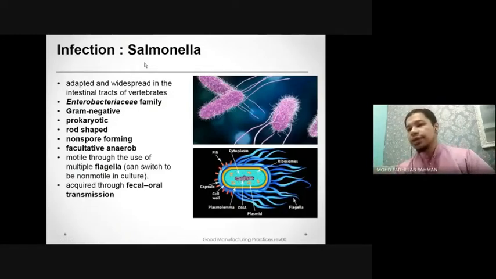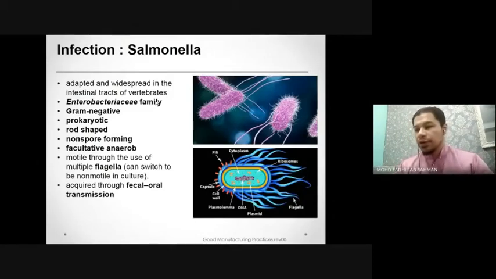Through infection. This bacteria is adapted and widespread in the intestinal tracts of vertebrates, including humans. It is from the Enterobacteriaceae family. It is a gram-negative bacteria, and gram-negative means that the membrane is thin.